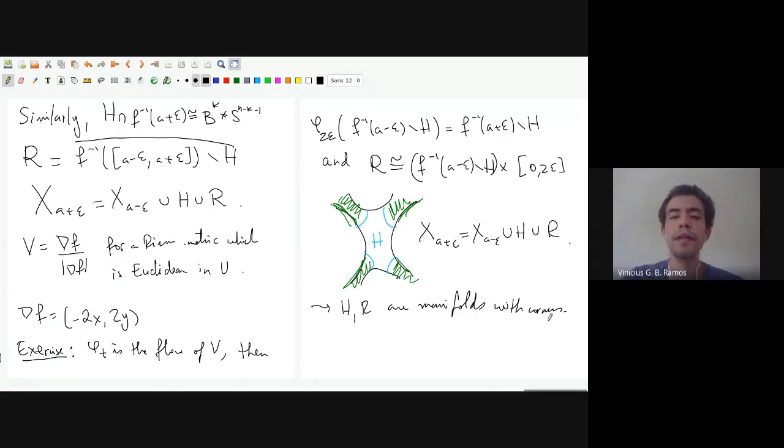That just means a manifold with corners is just a manifold where the charts take values in R, the half line, and you take the product n times, so that's like the first quadrant of R to the n. So you have these corners.